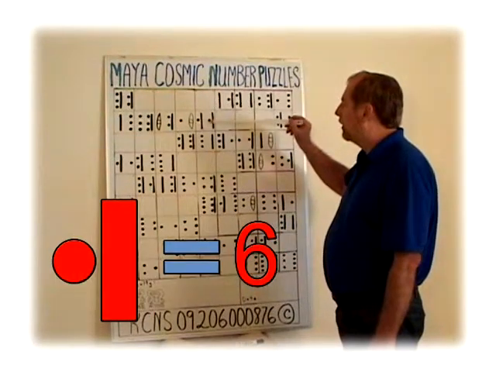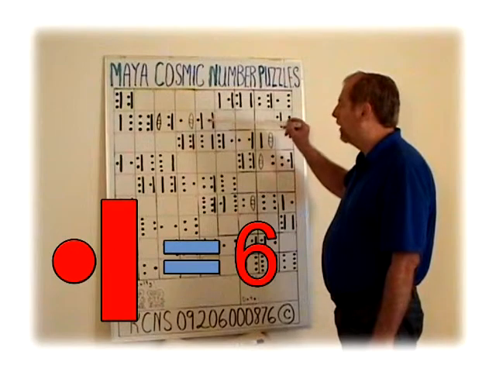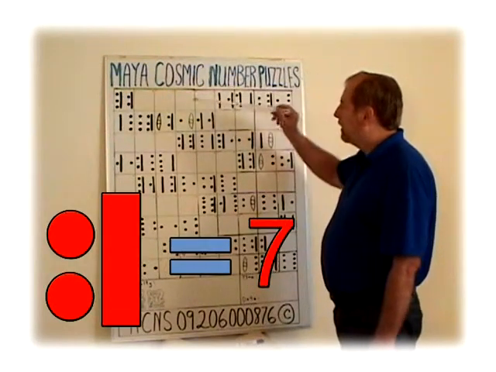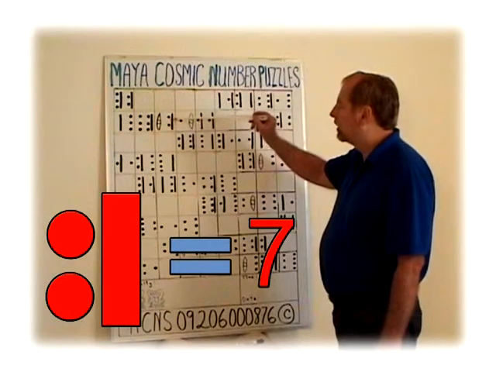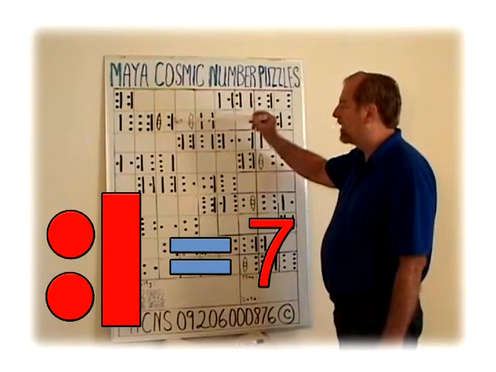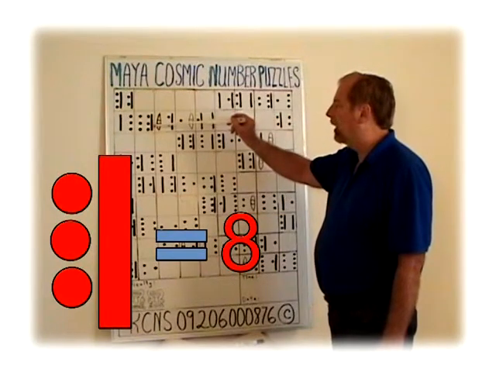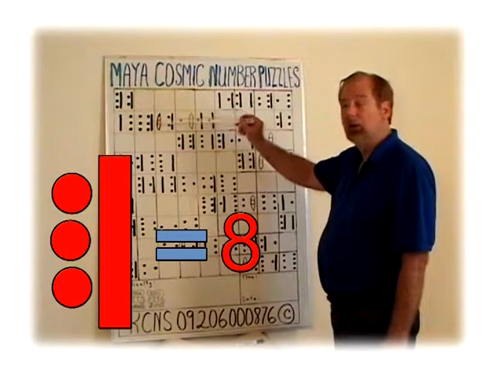Then a dot and a bar represent a 6. 1 and a 5 makes 6. Then 2 dots plus a bar makes 7. And 3 dots and a bar make an 8.